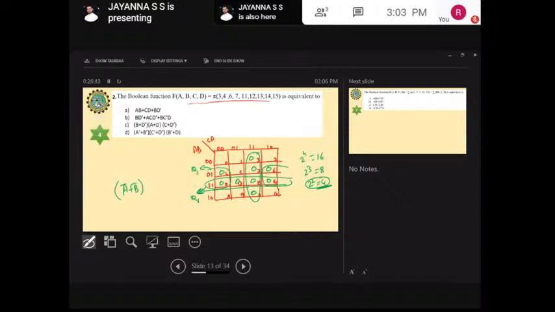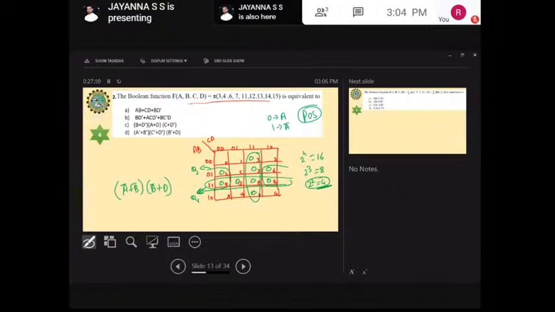Here there is B 1, so I write B bar, plus D, since it is 0 here. In POS, suppose I take the variable A, 0 is represented as A and 1 is represented as A bar.